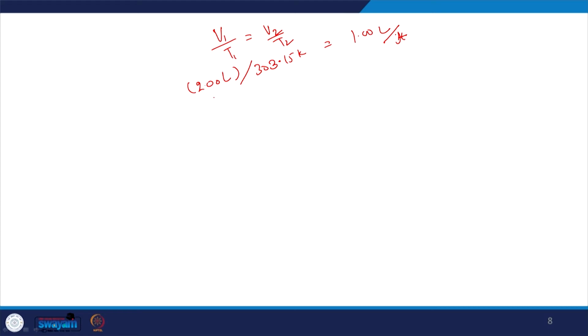Now if we cross multiply, then we get 2x is equal to 303.15, or x is equal to 151.58 Kelvin.